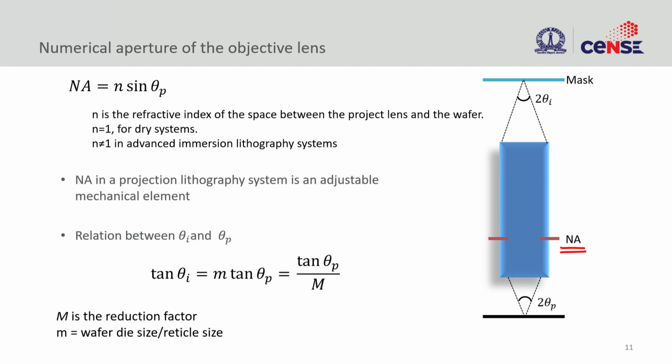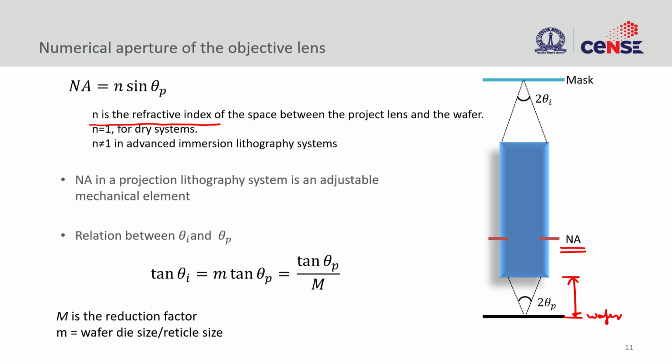This numerical aperture is defined by the refractive index of the space between my projection lens and the wafer. So this is the wafer, and what do I have between these two? It's similar to microscopy. If it is air, it is 1, and sometimes in recent days we use immersion lithography for advanced litho patterning.